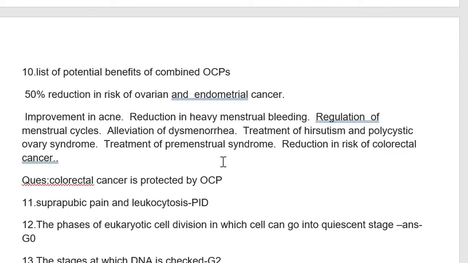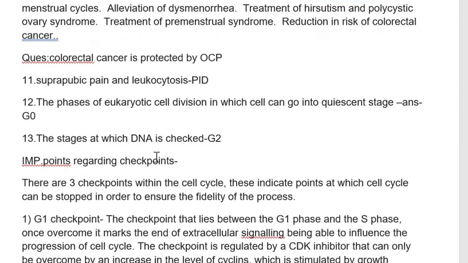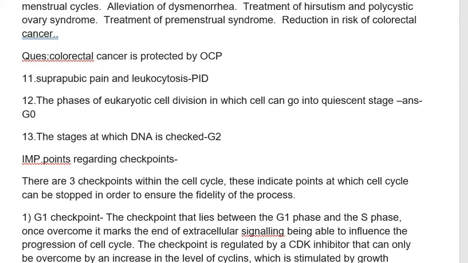They have no effect on the results of dementia or other problems. So the actual question was, colorectal cancer is protected by COCPs.